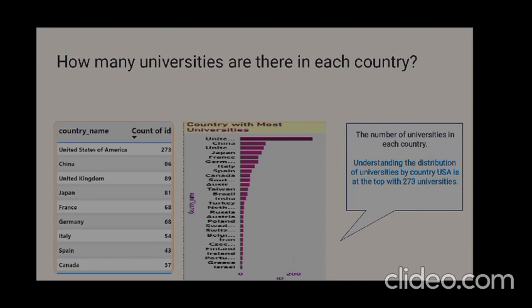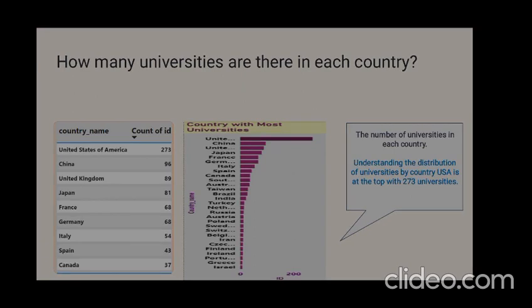How many universities are there in each country? To get this data, I created a bar chart and table to understand the distribution of universities by country. USA is at the top with 273 universities, followed by China, Japan, France, and Germany.